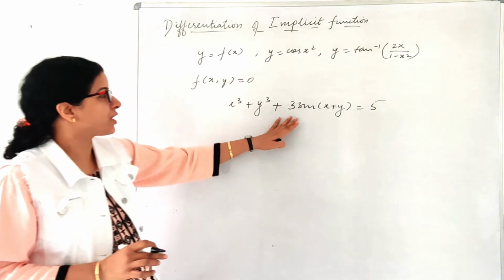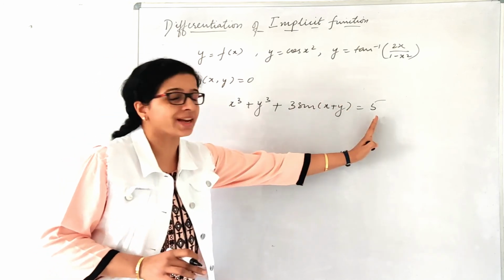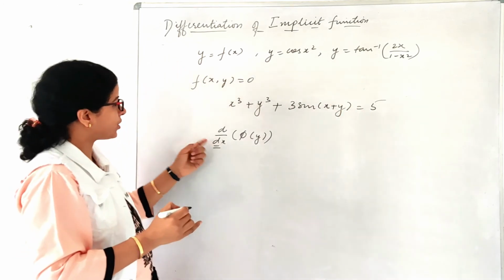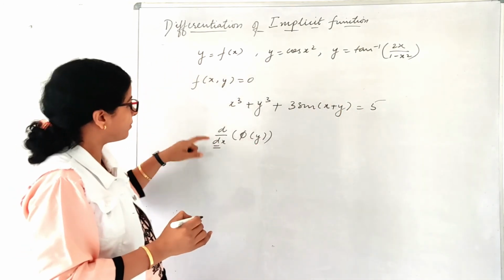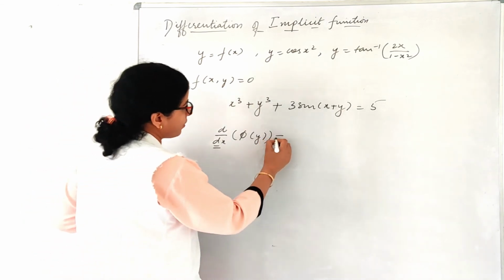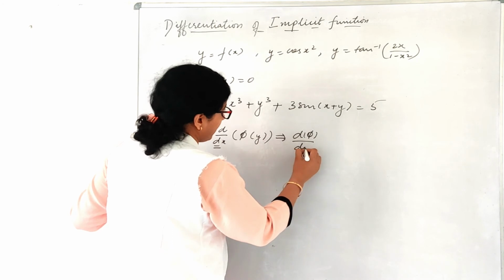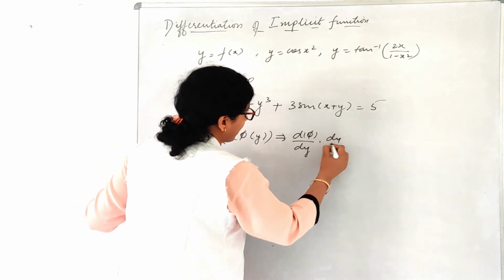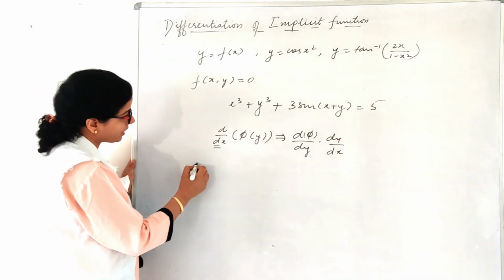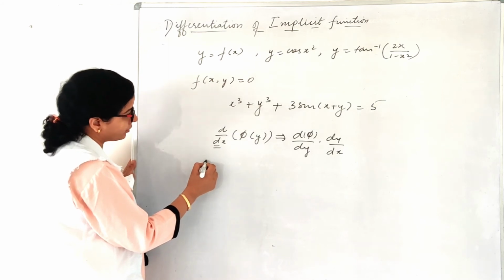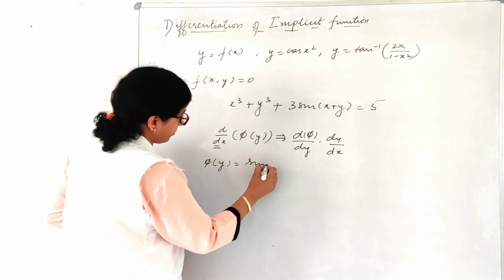In such cases we differentiate both sides of the function. If we are differentiating a function of y with respect to x, we always write d phi by dy into dy by dx. Let us take one example. Say I have phi(y) is equal to sin y.